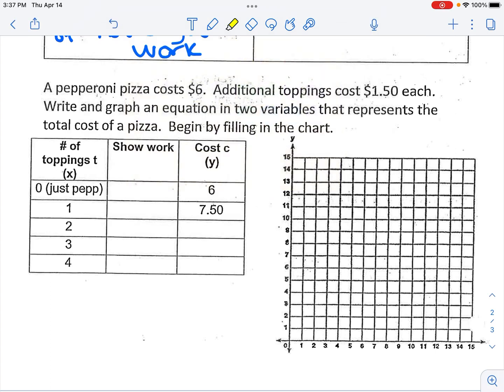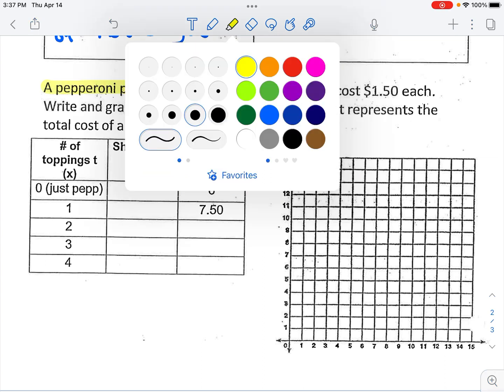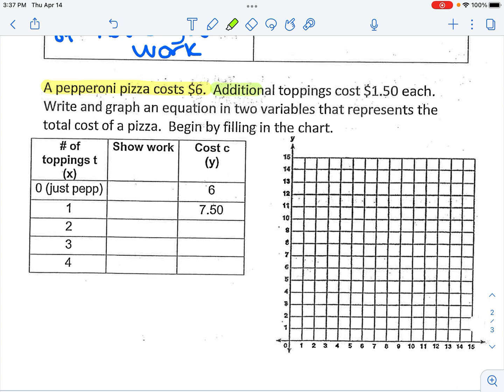Okay, let's go back and reread. A pepperoni pizza costs $6. Additional toppings cost $1.50 each. Write and graph an equation in two variables that represents the total cost of a pizza. Begin by filling in the chart. All right, so let's look over here.